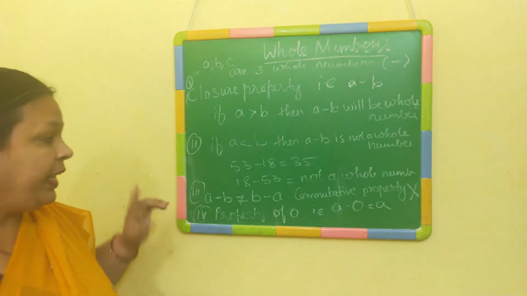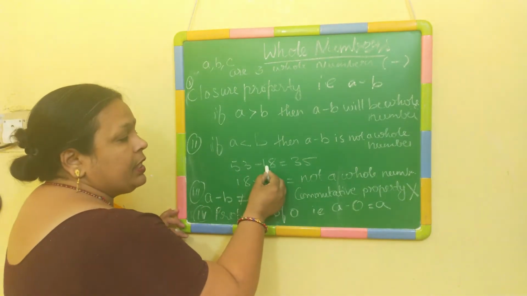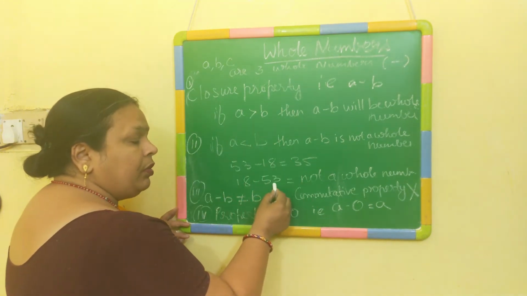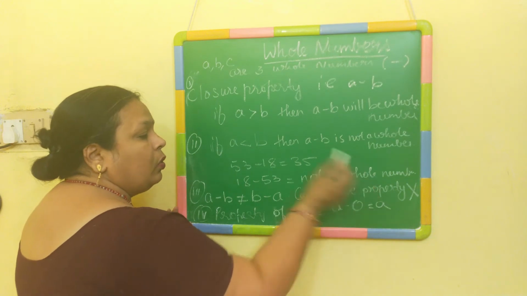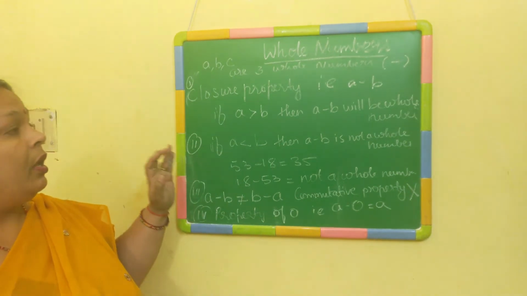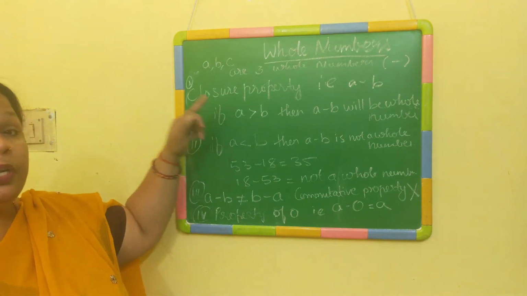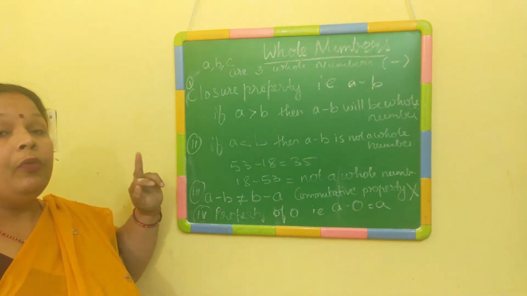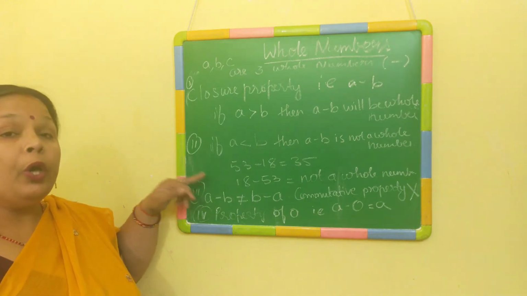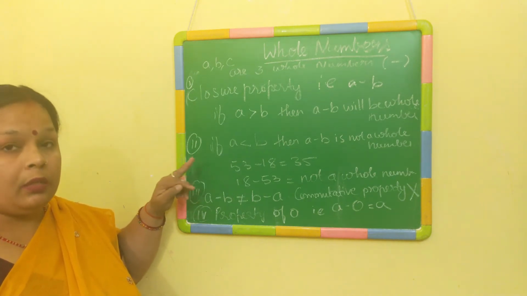Now, we will take an example. 53 minus 18 is 35, whereas 18 minus 53 is not a whole number. So, closure property holds true for whole numbers in subtraction only when a is greater than b.